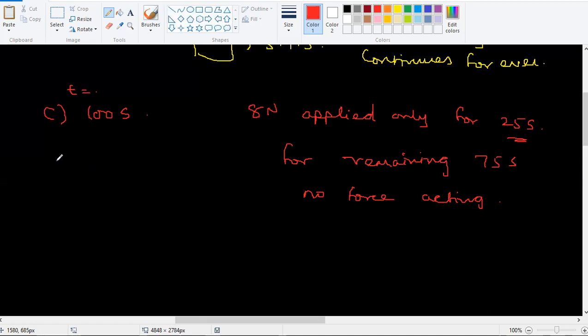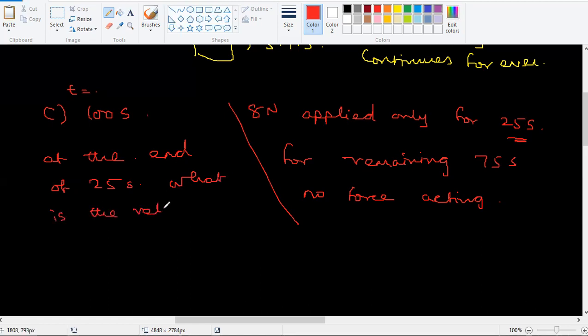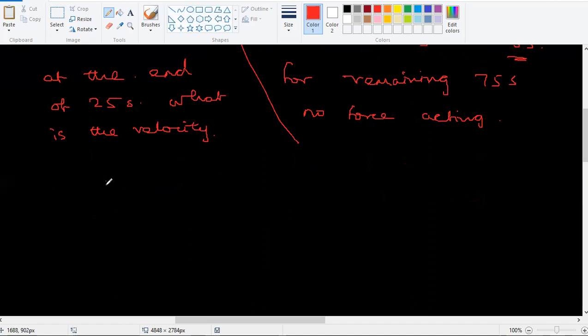So it means at the end of 25 seconds, what is the velocity? Okay, so let me redraw this diagram. So it's here, x is equal to 0.